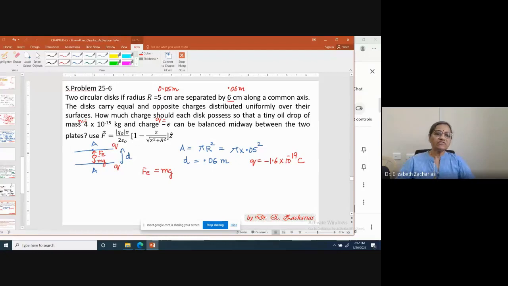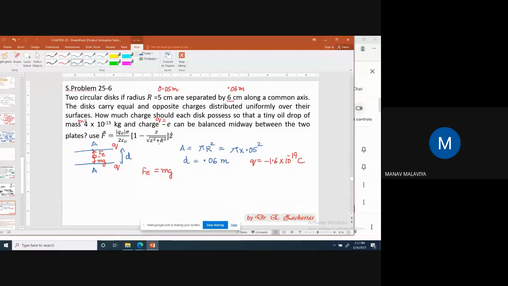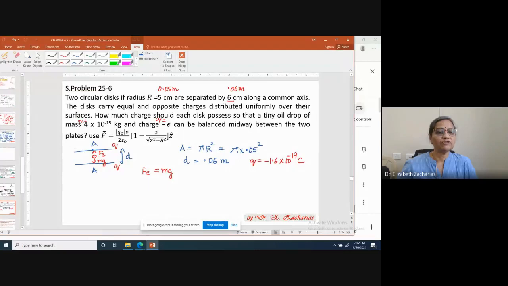And remember, it is a negatively charged object. So if it has to experience a pull in the upward direction, what should be the sign of the charge on the upper plate? Positive, right. It should be positive. So automatically, the lower plate should be negative.